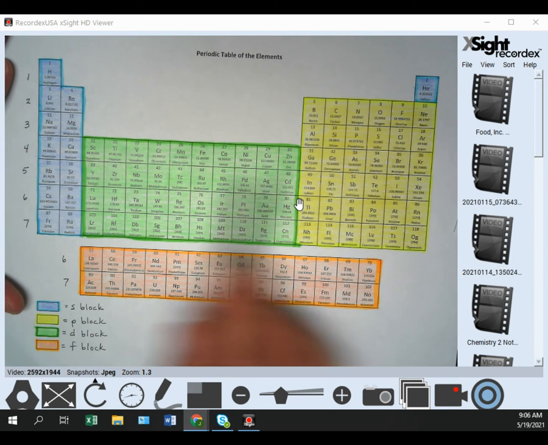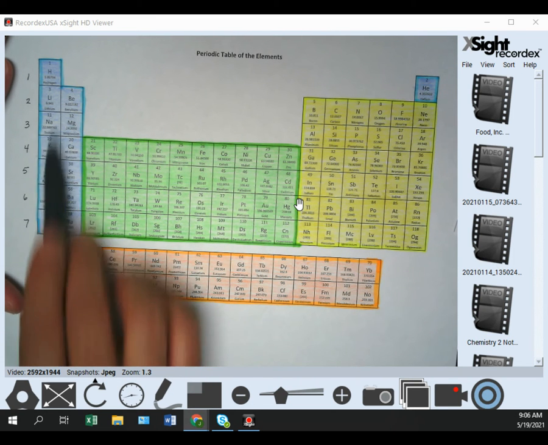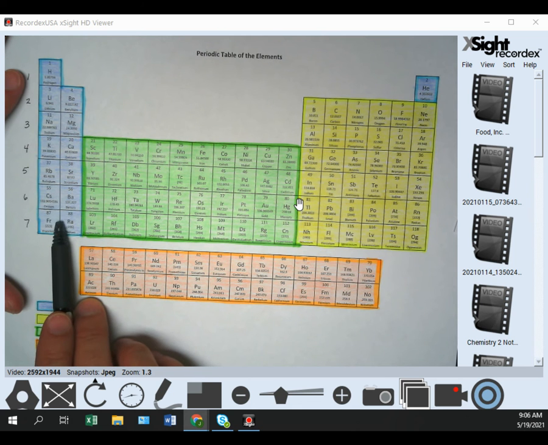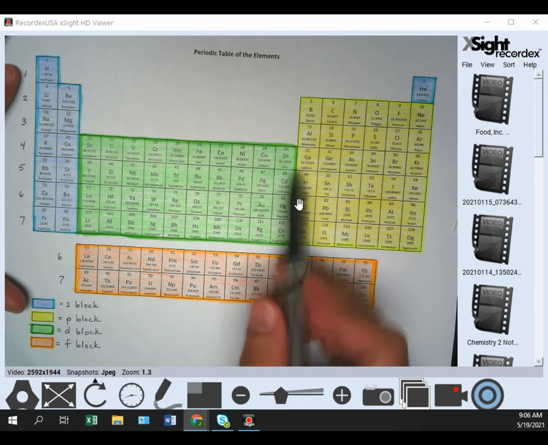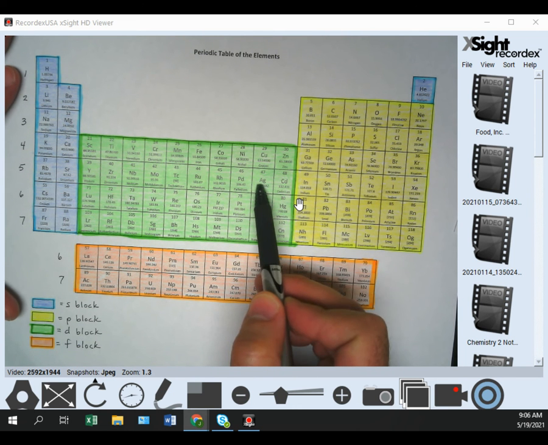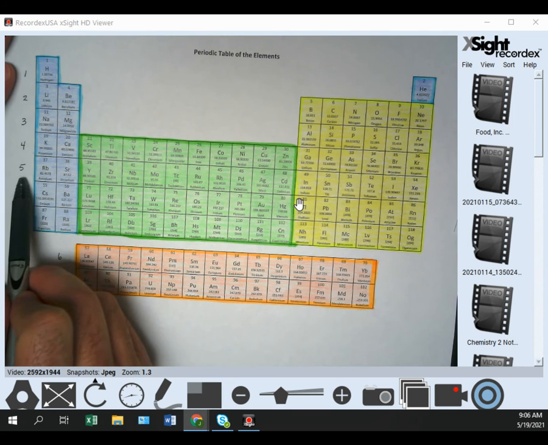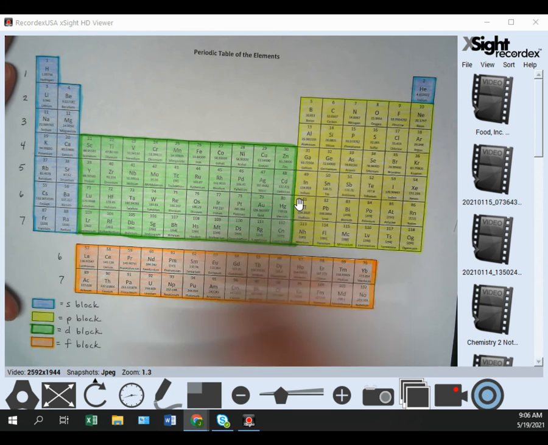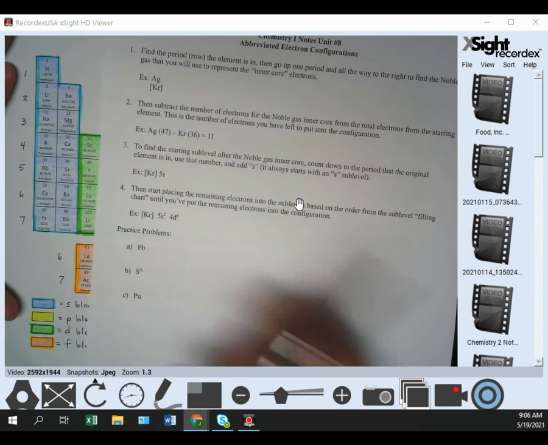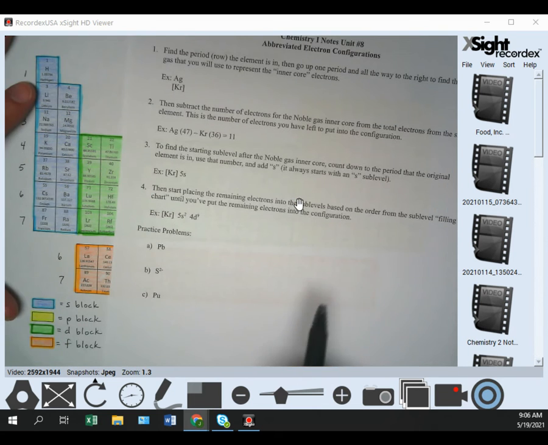So if you go to the next element, all of these are always going to be S's. If we look for silver, silver's here. What row is silver in? Silver was in row 5. So we're going to start with 5s. We write down 5s.